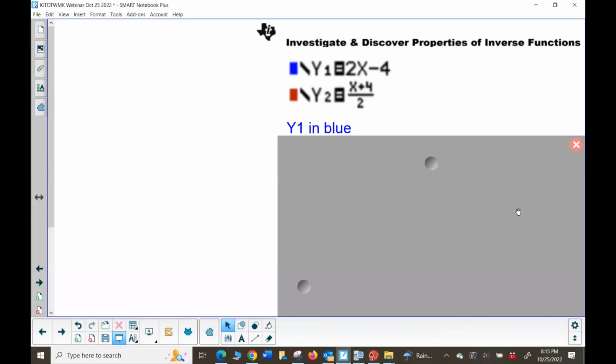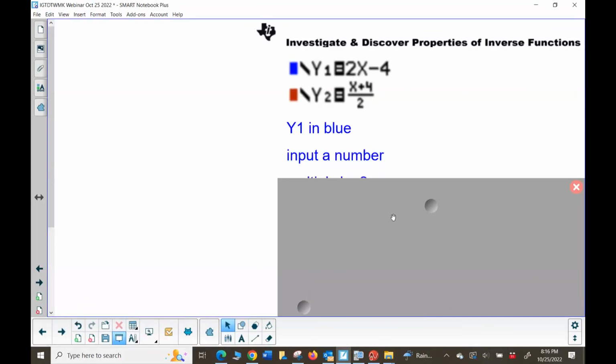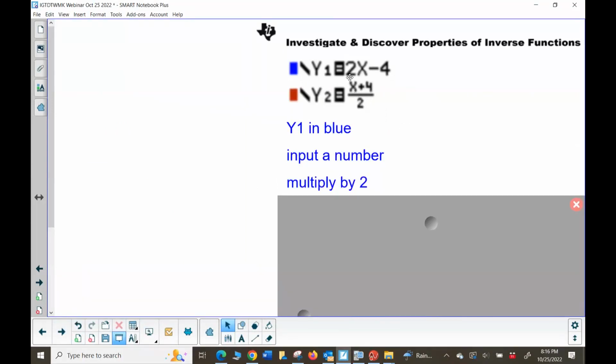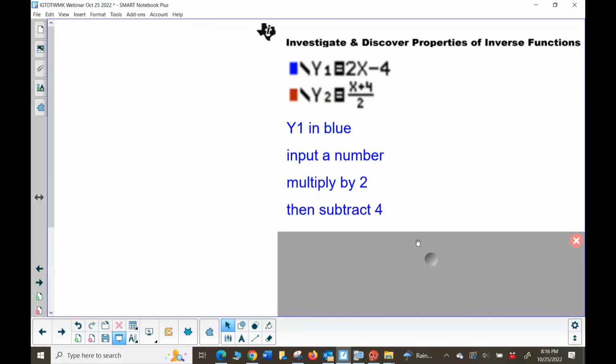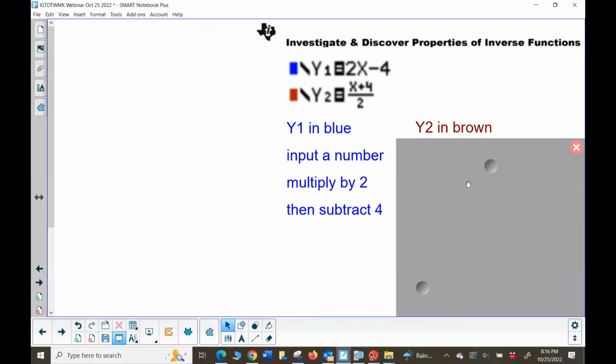So now I'd like to talk about how I wrote the functions. So in y1, you'll notice if I put in a number, the first thing I do is multiply it by 2 by the order of operations, and then subtract 4. In the reddish brown, I put the number in.